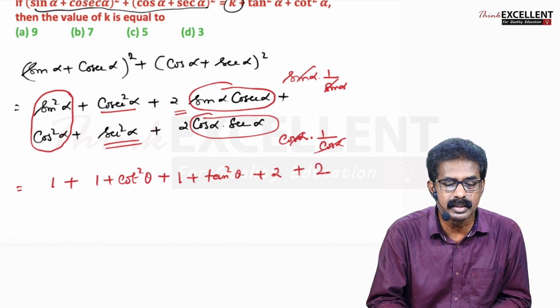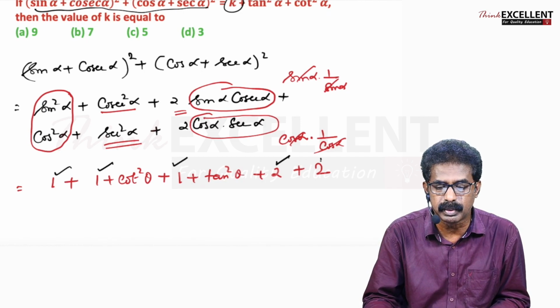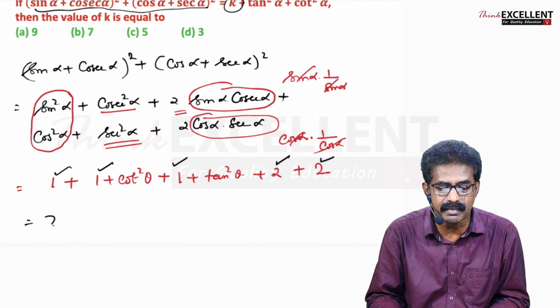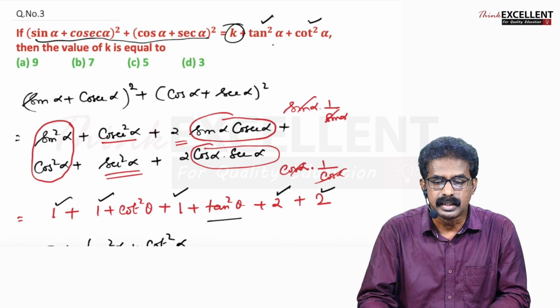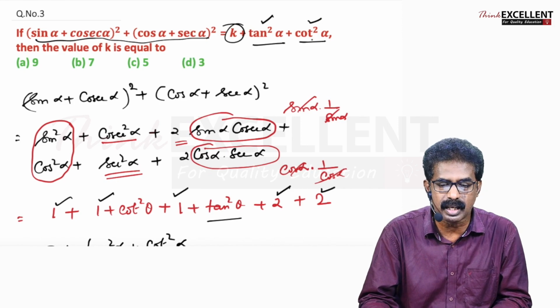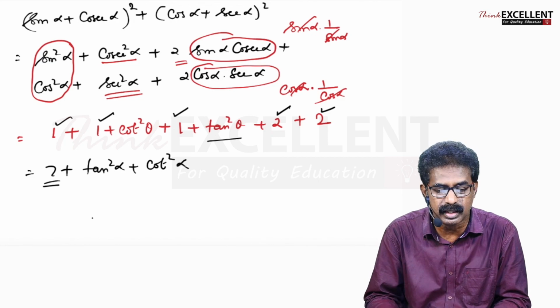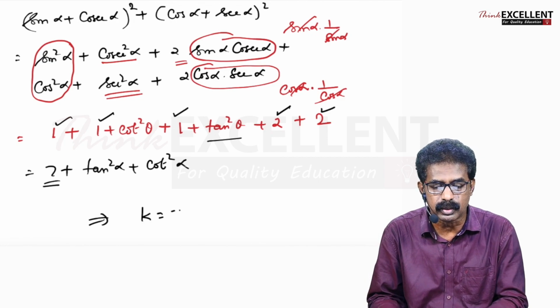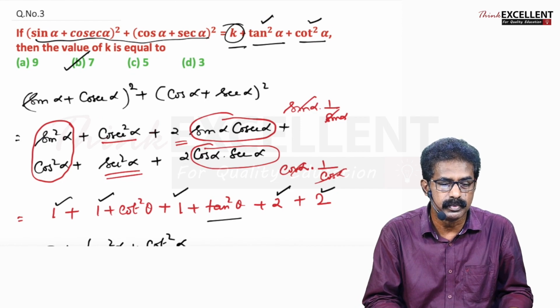Now add all these numbers. 1 plus 1 is 2, plus 1 is 3, plus 2 is 5, plus 2 is 7. So you are getting 7 plus tan square alpha plus cot square alpha. Compare with the RHS. Tan square alpha is there, cot square alpha is there. With that a number, that is k. Instead of k you have 7, which implies k equal to 7. So the correct option is the second one.